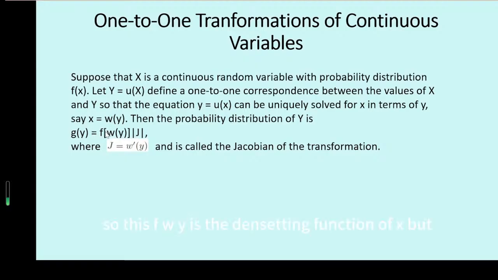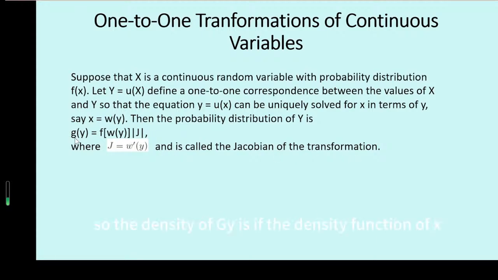So this f(w(y)) is the density function of x, but we use y values here. Then we have to multiply by a term called J. This J is the derivative of w(y). So w(y) is the inverse function of x in terms of y, so from this function, we have to calculate the derivative of x in terms of y. So this is also called the Jacobian of the transformation.